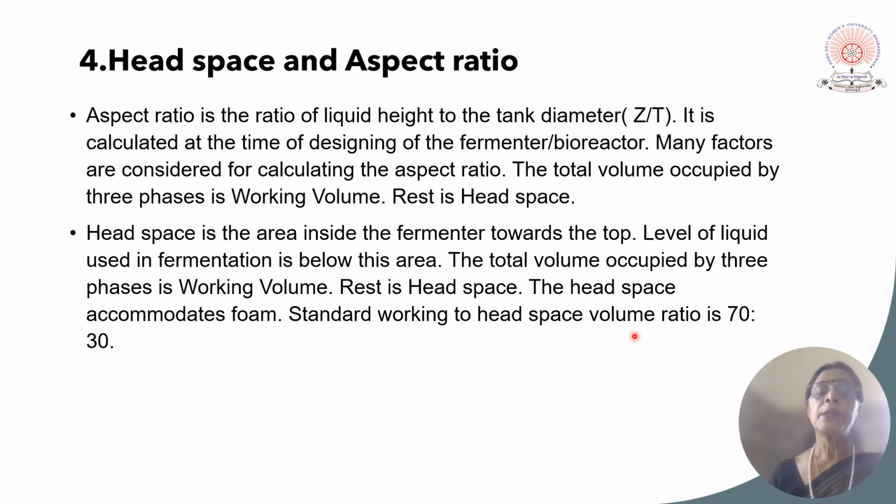And a proper ratio is maintained. The standard working volume to head space volume is 70 to 30 in a basic bioreactor.